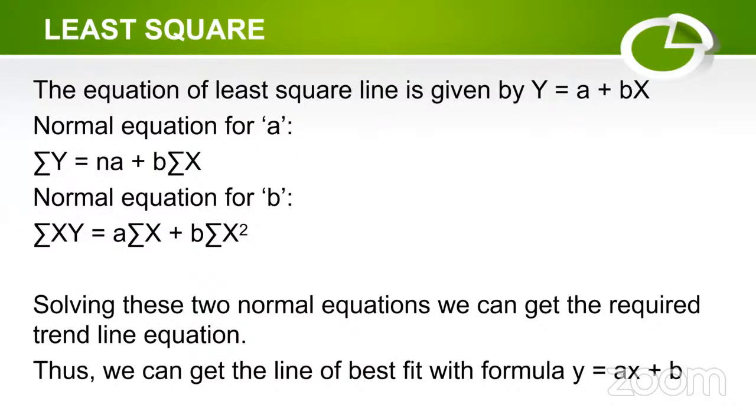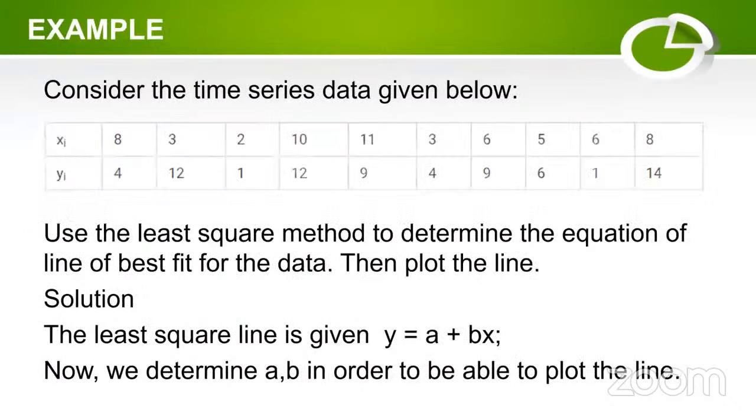So here is an example to shed more light on the least square line method. We are given time series data, giving us our xi ranging from 8, 3, 2, 10, 11 up to 8, and the corresponding values of y.